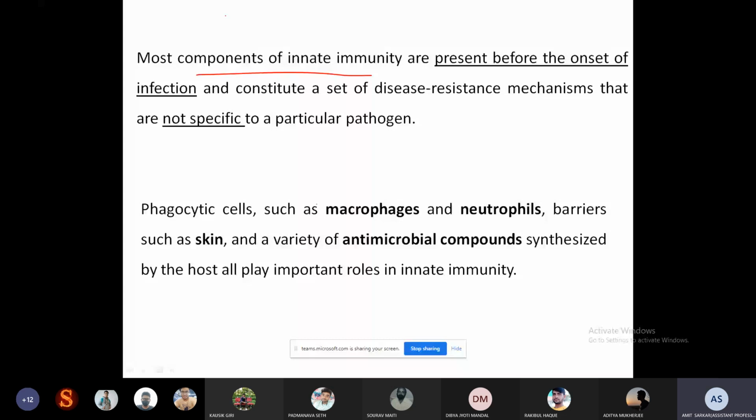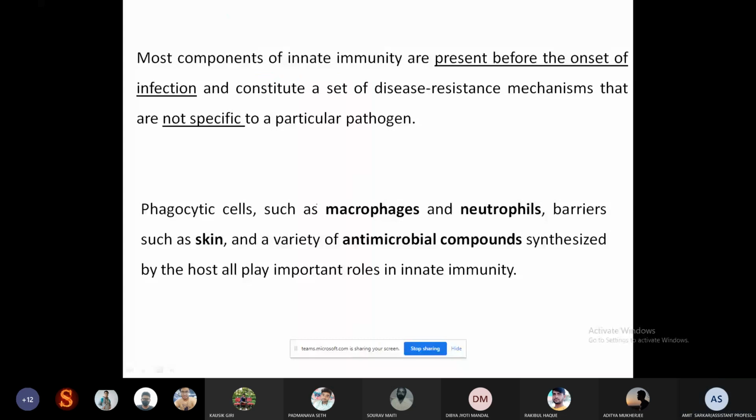That means compounds which can kill microbes, synthesized by the host, all play important roles in innate immunity. So two things for sure: present before the onset of infection and not specific to any particular pathogen.